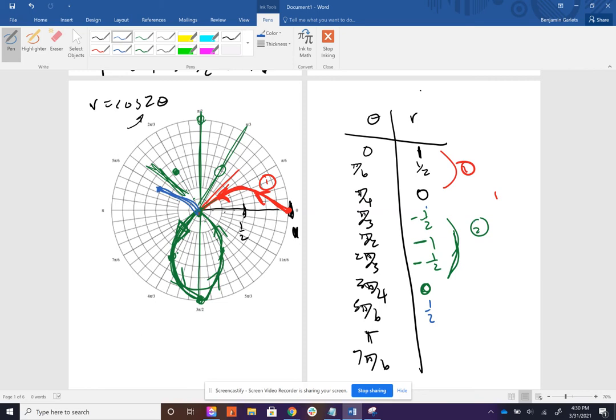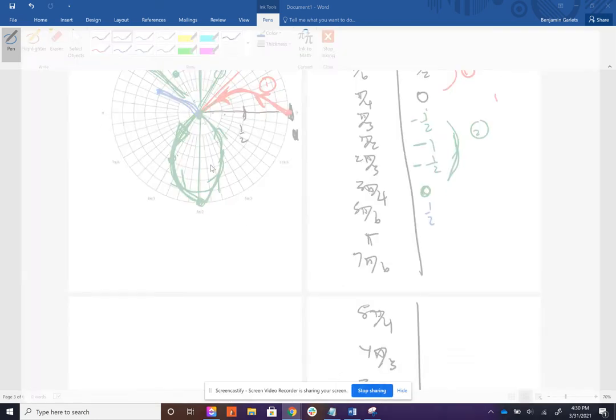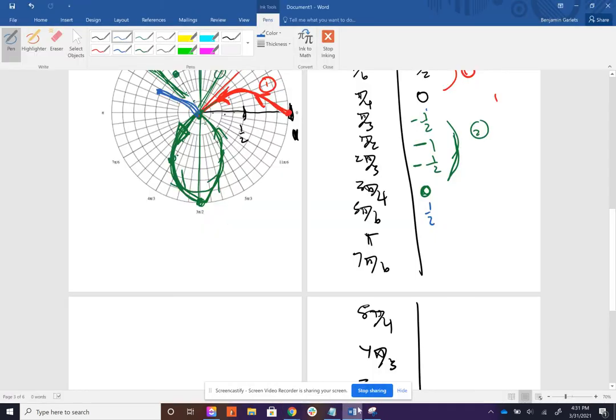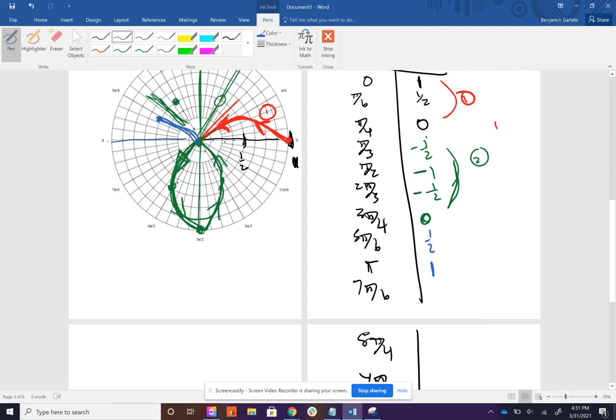Oh, silly me. I meant to go to pi. Sorry about that. 1. Okay, so pi is going to be 1. So if we're going out to pi, we're going out to 1. So we come out like that.